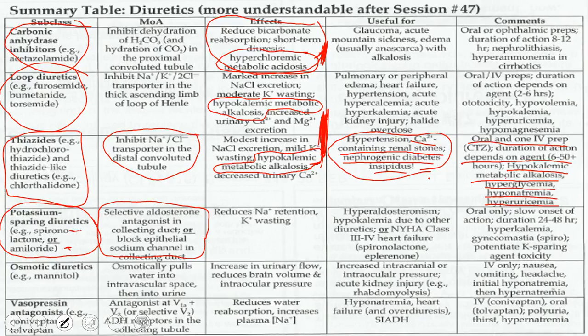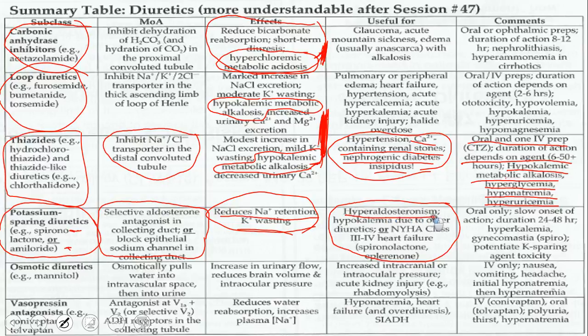And it reduces the sodium retention and potassium wasting. That is its effect. So I guess it reduces sodium retention, so you get rid of that, and you also waste the potassium. Hyperaldosteronism is one of the things that it's useful for. It basically blocks aldosterone.